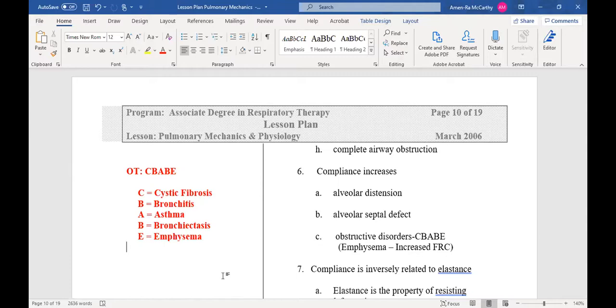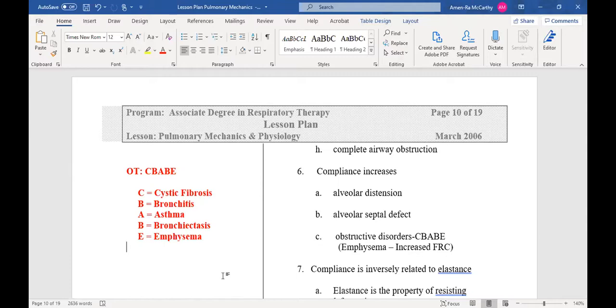Anything that is COPD has a high FRC, a high compliance, and a low elastance. These CBABE diseases are all COPD. So if the patient has emphysema, what type of compliance would they have? A high compliance. That's all I'm doing.